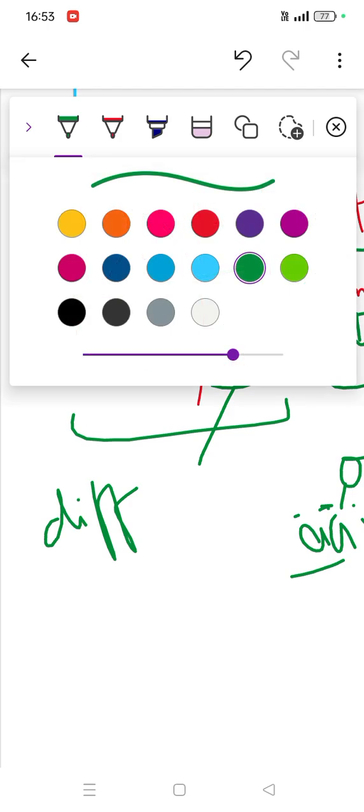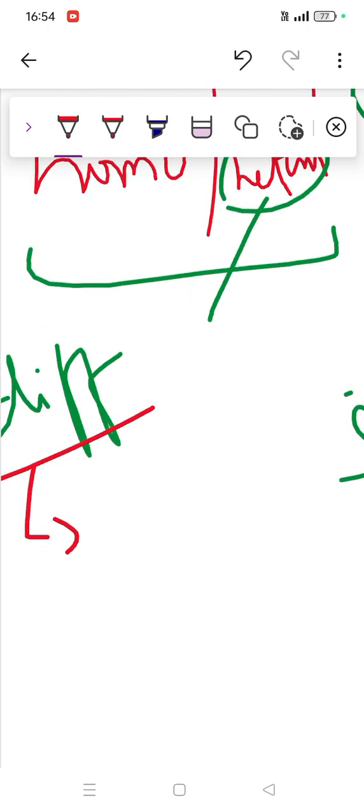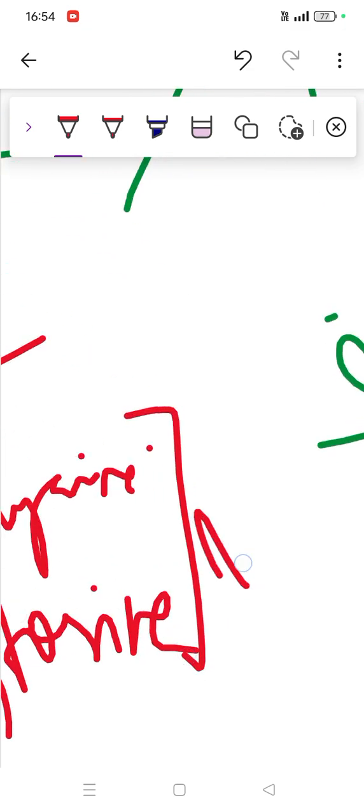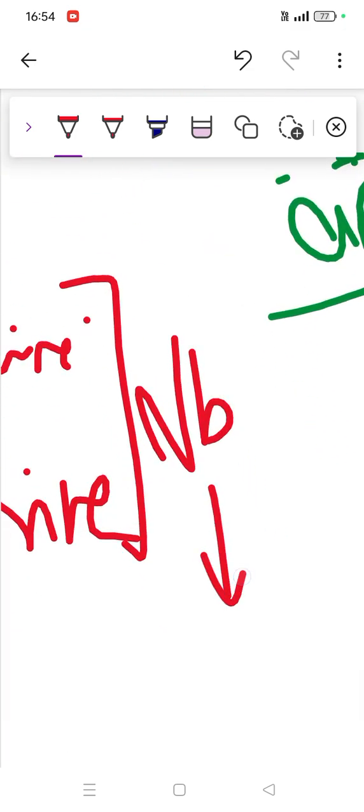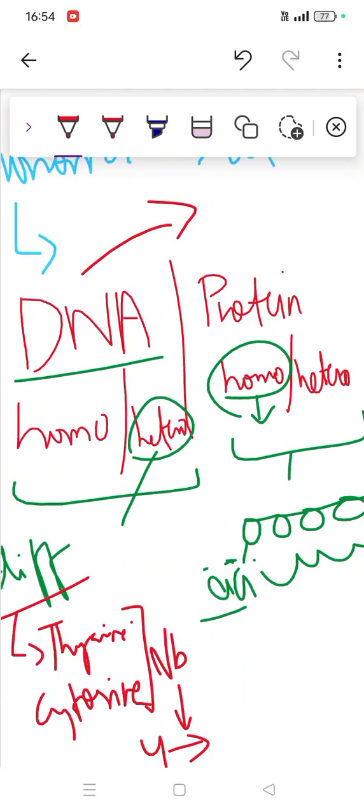DNA is made up of thymine, cytosine and the other nitrogenous bases, which are four in number, so they are different. So we say DNA is a heteropolymer and protein is a homopolymer. This was an important MCQ, asked many times.